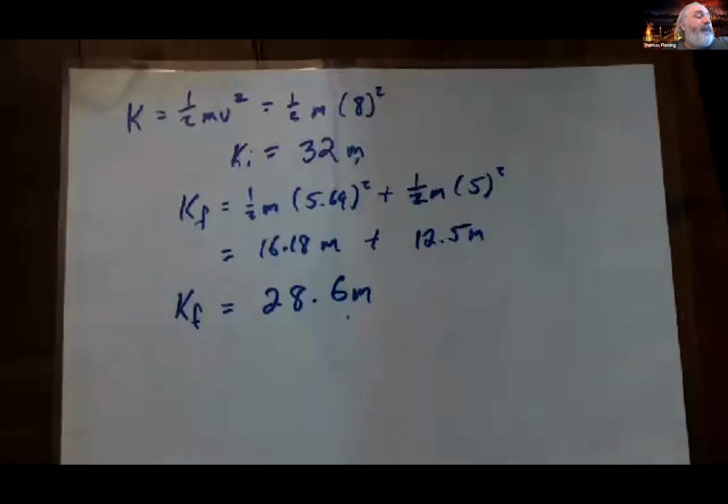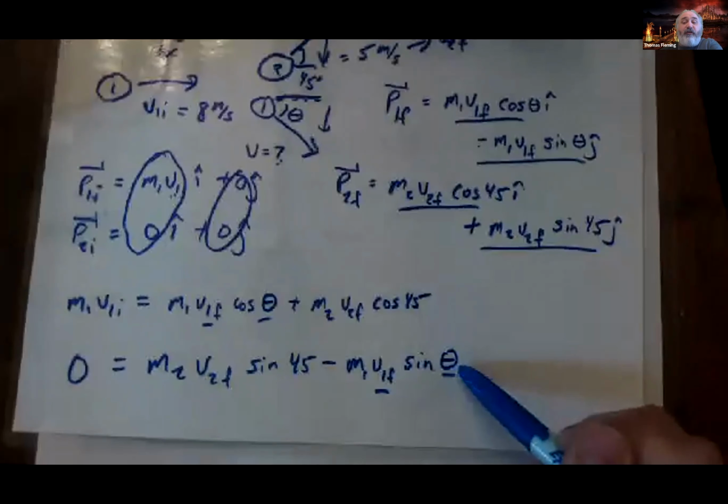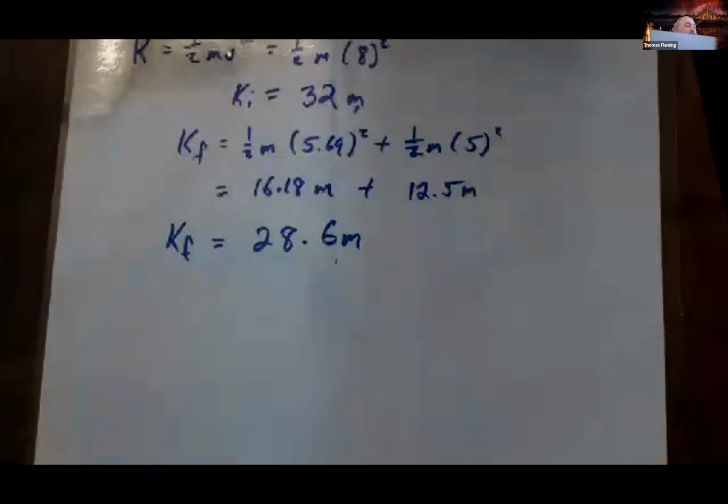Specifically, we started this time out with these two equations. These two equations had to be true if I was going to conserve momentum. But in order to conserve energy also, I would have had a third equation, and that third equation would have been the kinetic energy before equals the kinetic energy after. So let's write that third equation.